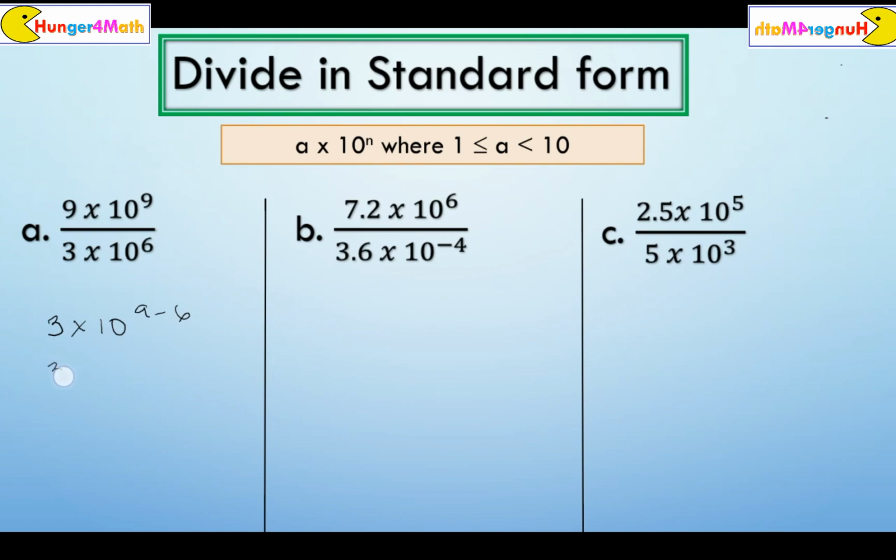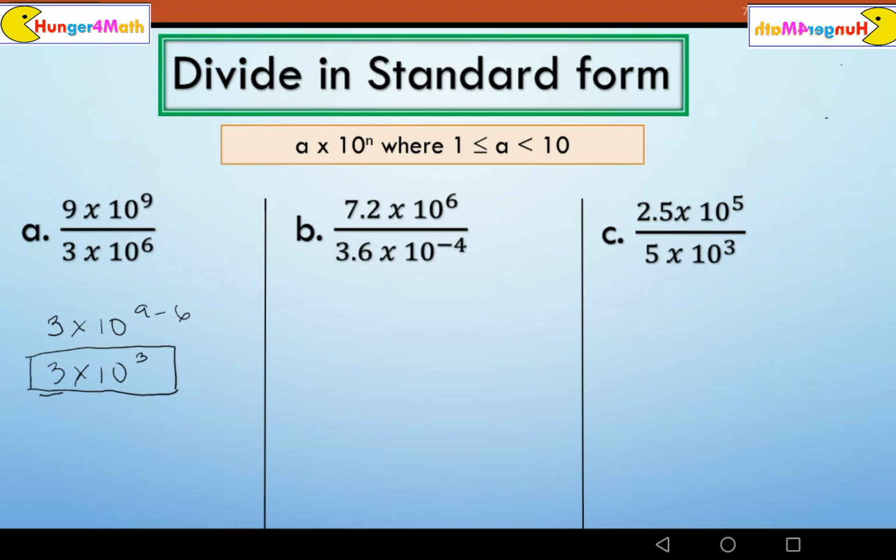Let's copy 3 times 10. Then 9 minus 6 is equal to 3. Then let's check the value of a, which is 3. Since 3 is less than 10 but greater than or equal to 1, our final answer is 3 times 10 to the power of 3.